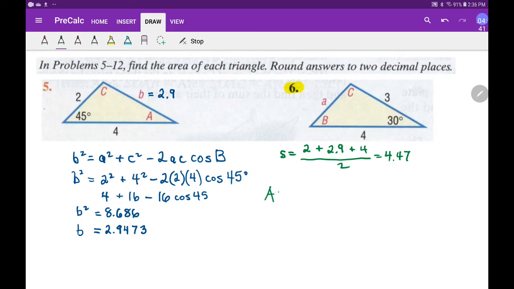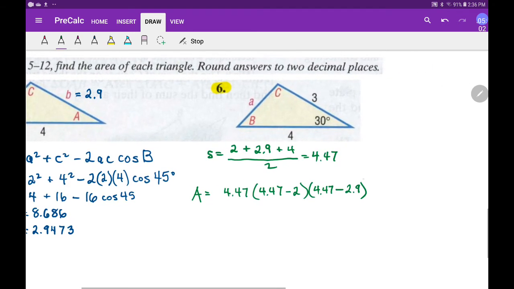So the area is equal to, I'll put the square root in later here, 4.47 times 4.47 minus A, which is 2, times 4.47 minus B, which is 2.9, and then times 4.47 minus C, which is 4.